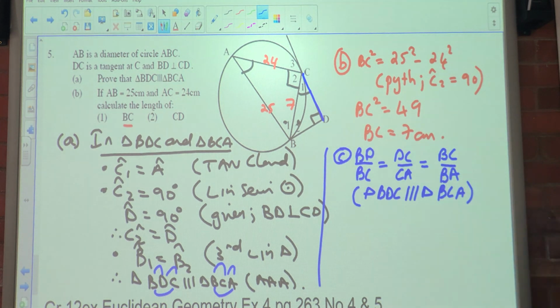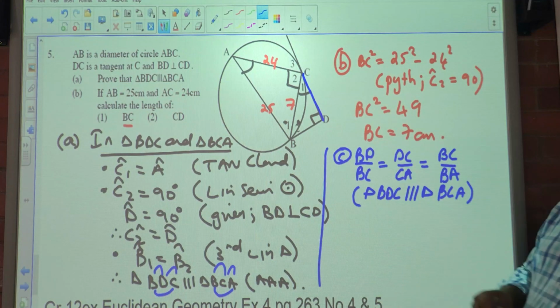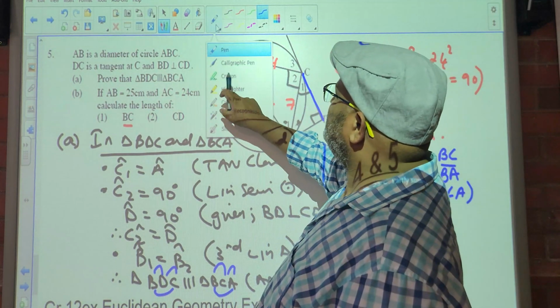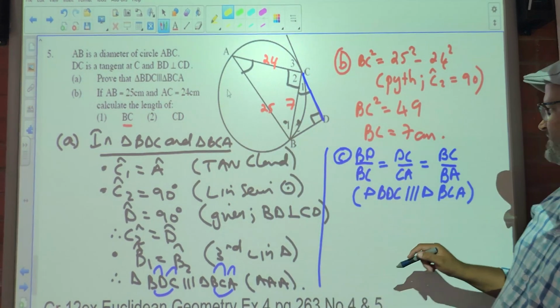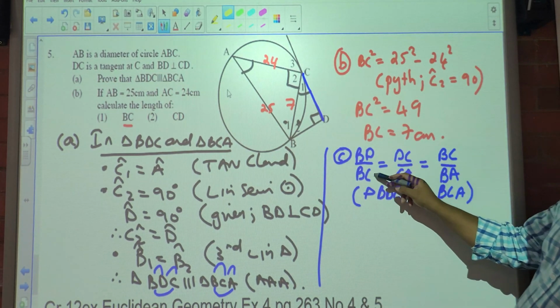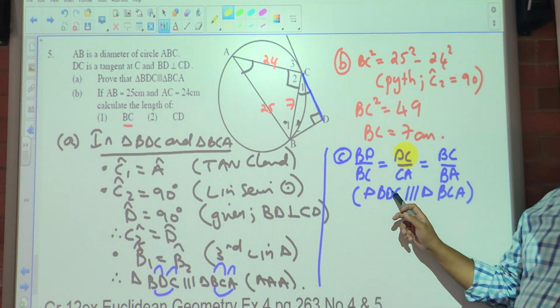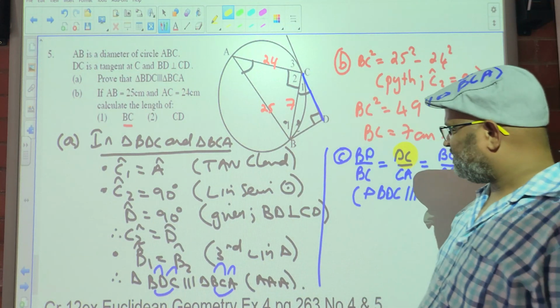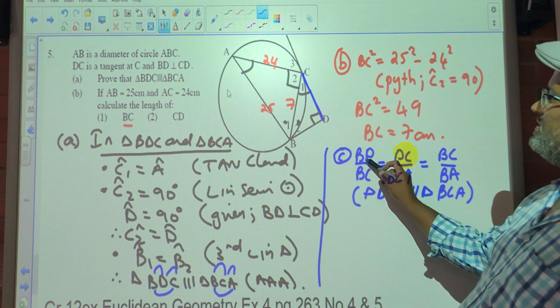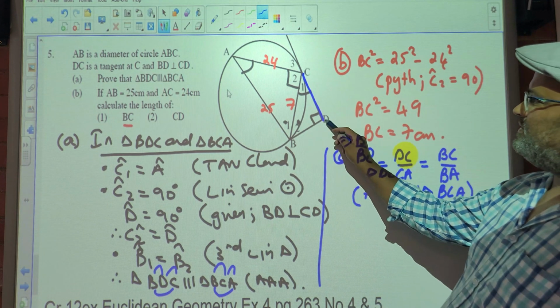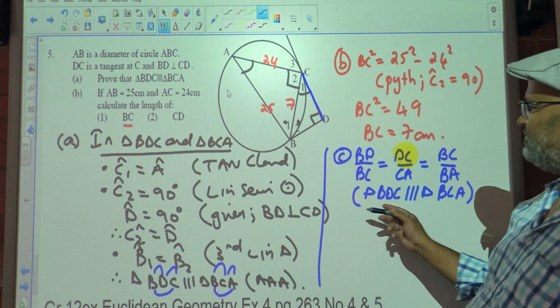Now we have lengths, not so? Right, what do we want to calculate? We want to calculate CD. Is there a CD? Yes, there's a CD. So I must use this ratio here. Okay, so let's put in what we have. BD is what? We don't have BD.